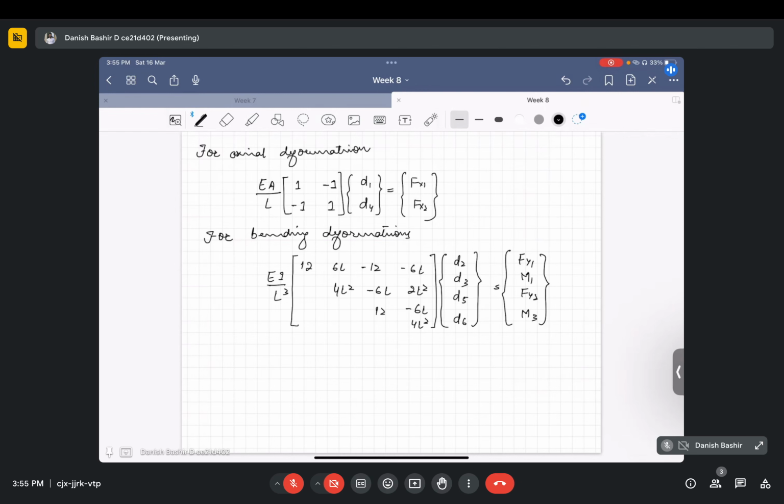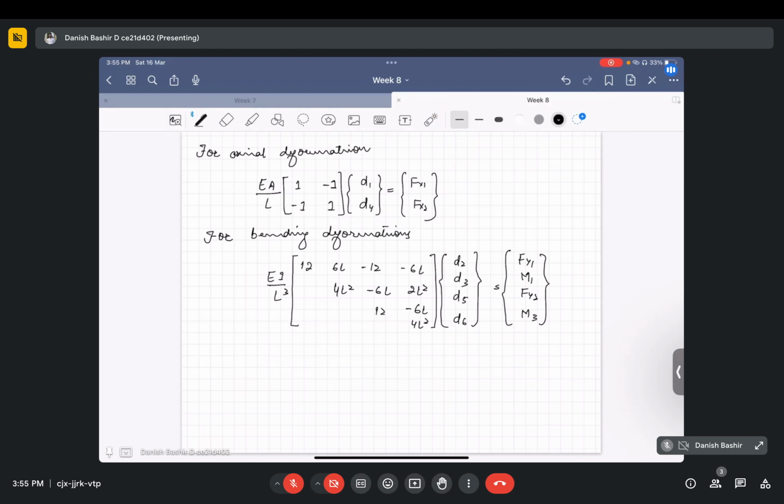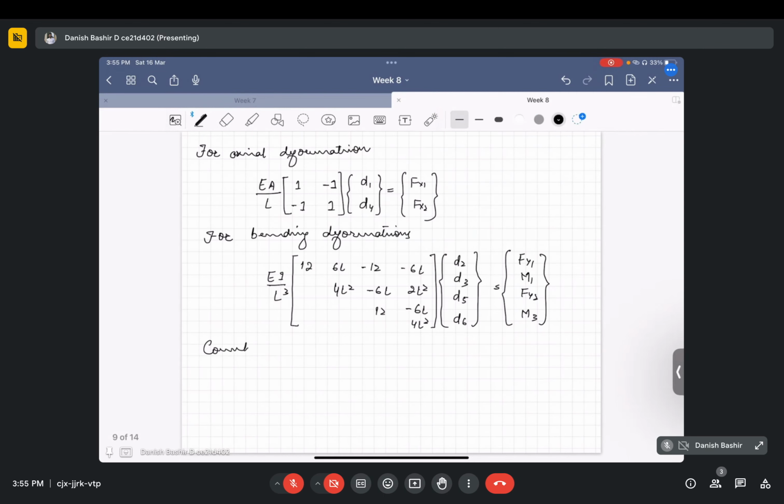So what we have to do is combine these two things into one single system to give the element equation for our plane frame element.